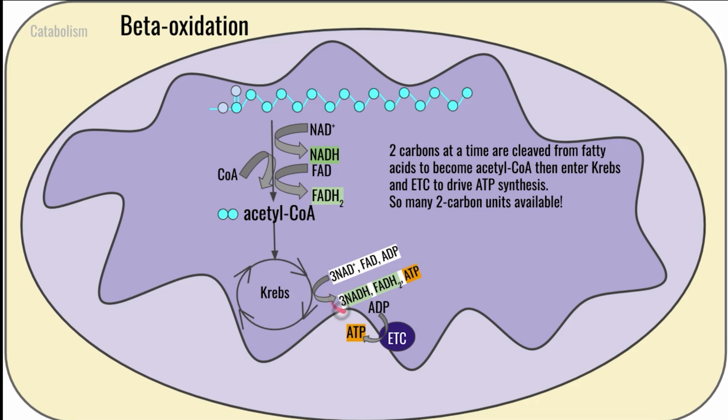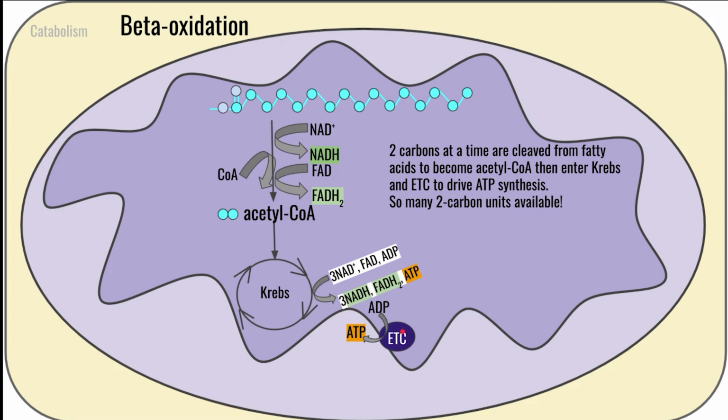And all of these reduced compounds, all of the NADHs, all the FADH2s, are going to get shuttled towards the electron transport chain, just like we talked about before. Between the electron transport chain and ATP synthase, we are going to be able to synthesize ATP. So remember, just like we talked about in the previous lecture, all of those hydrogens from the reduced NADHs and FADH2s are going to arrive at the electron transport chain.